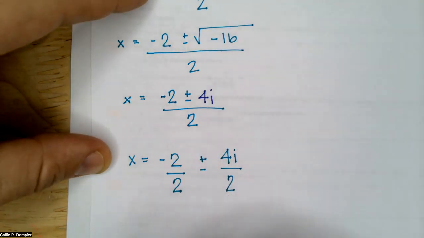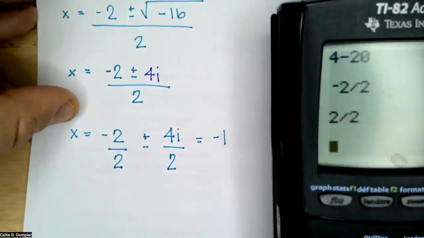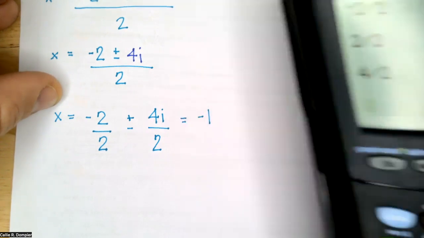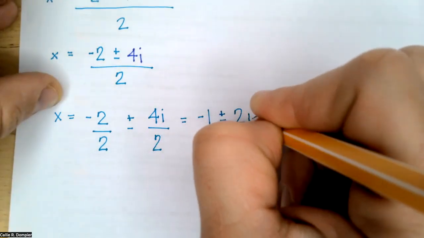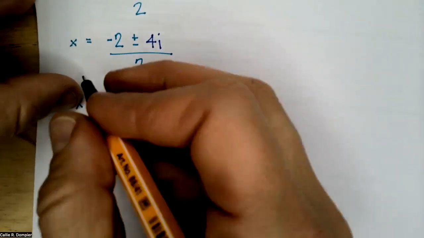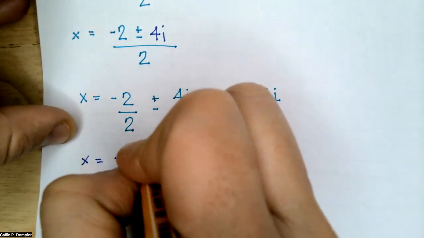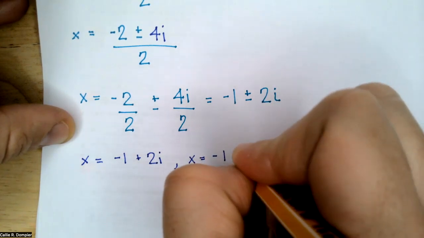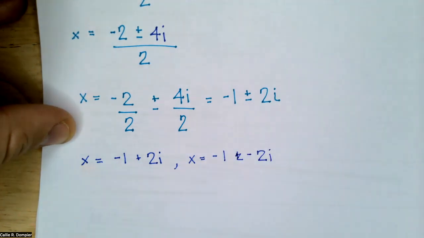One of the 2's is negative, so now it's a negative 1. 4, ignore the I. 4 divided by 2 is 2. So we have negative 1 plus or minus 2 times that I. Now, all you have to do is say, there are 2 different answers to that. x equals negative 1 plus 2I, and x equals negative 1 minus 2I.